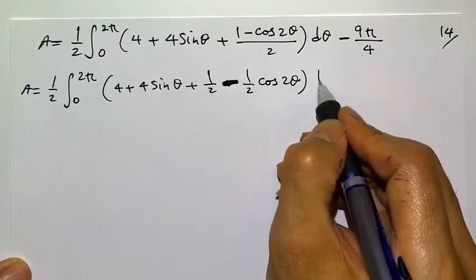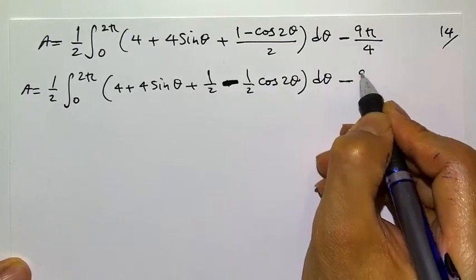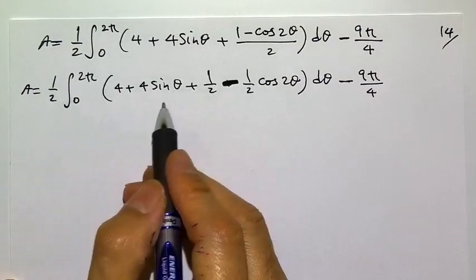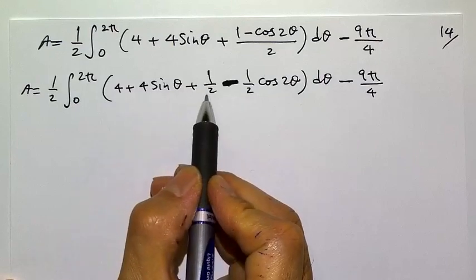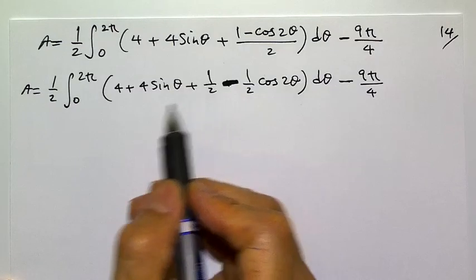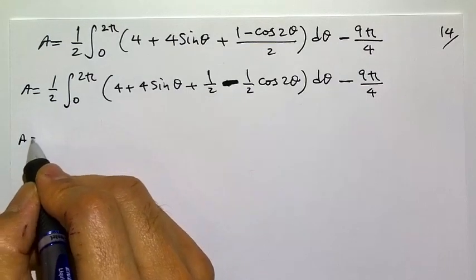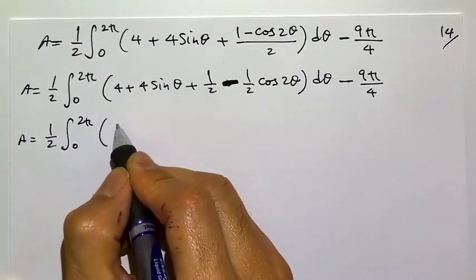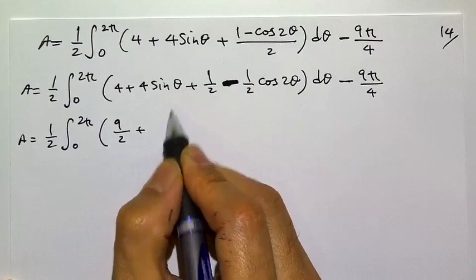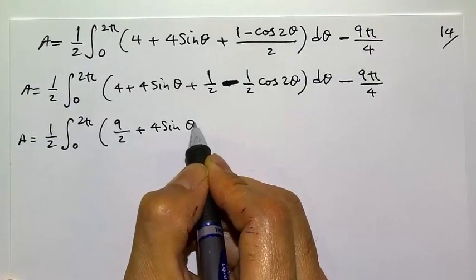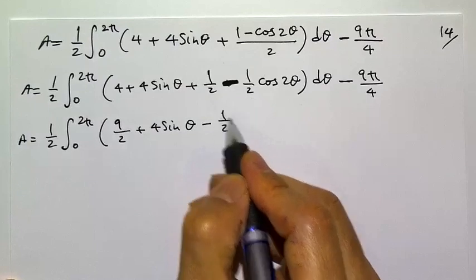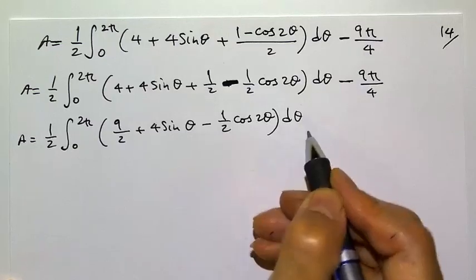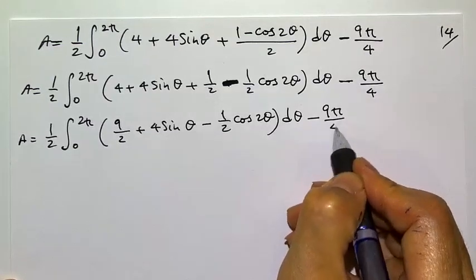And then we have d theta minus 9 pi over 4. Okay, taking this simplification one step further, 4 plus 1/2, that's just 9 over 2. So area equals 1/2 integral from 0 to 2 pi of 9 over 2 plus 4 sine theta minus 1/2 cosine 2 theta d theta minus 9 pi over 4.